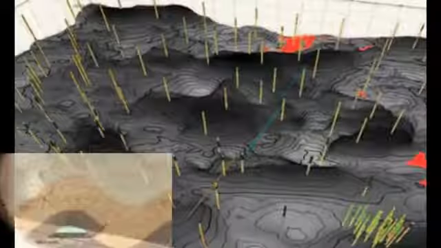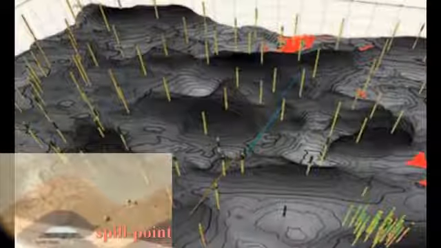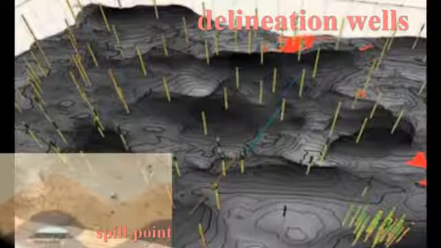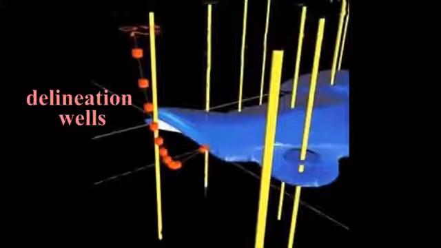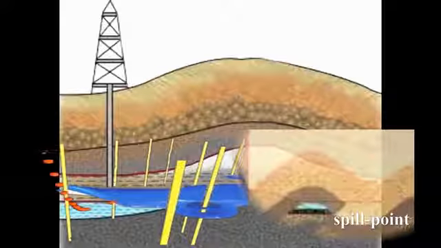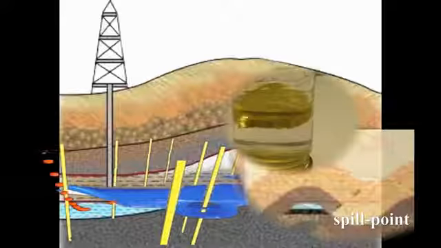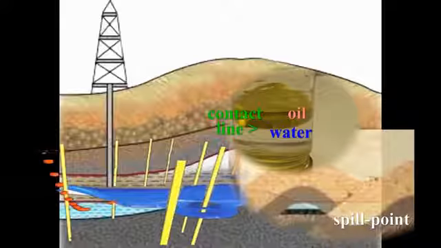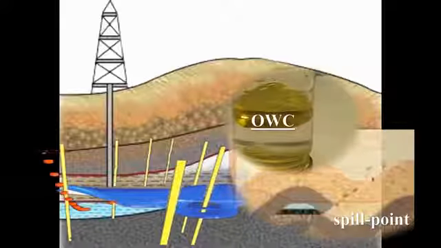These hydrocarbons will then either leak out to the surface or be captured by another trap as they migrate towards the surface. Wells drilled to find the spill point are called delineation wells. These delineation wells are drilled around the wildcat well in order to find the spill point, which will be indicated by what is known as the oil-water contact line, or OWC.